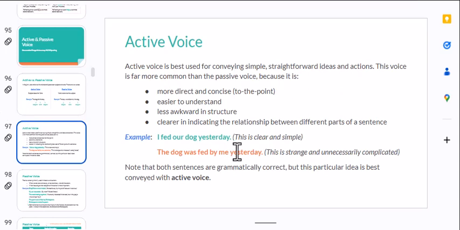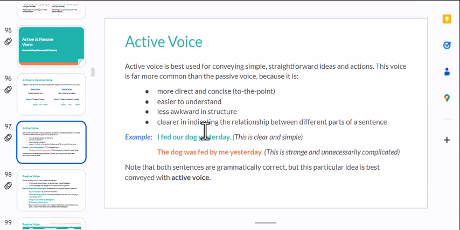Here we have the sentence, I fed my dog yesterday. Notice that this sentence is very clear and simple, written in the active voice. It's very easy to understand.